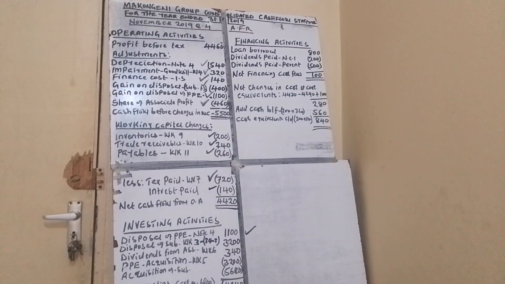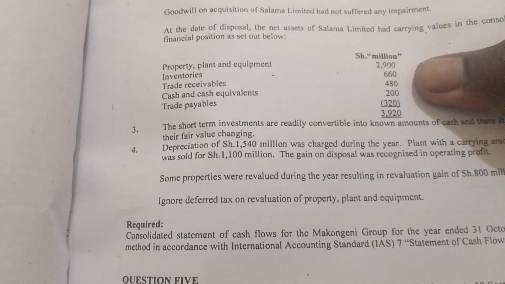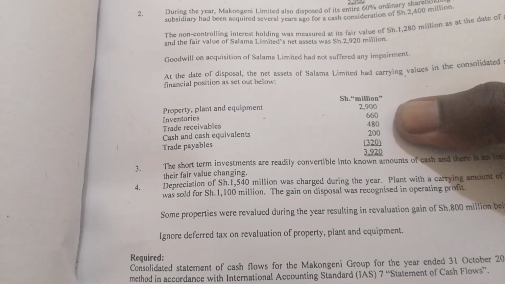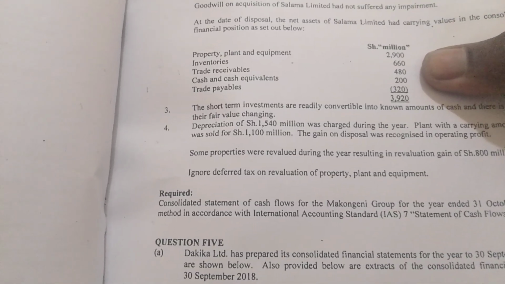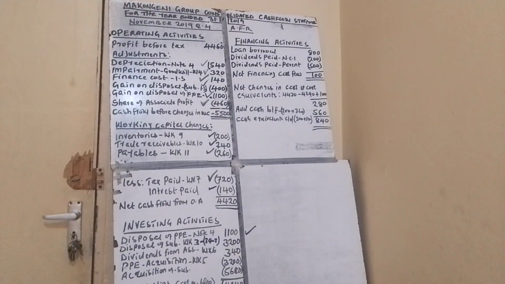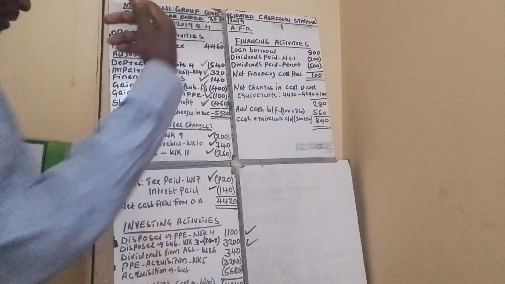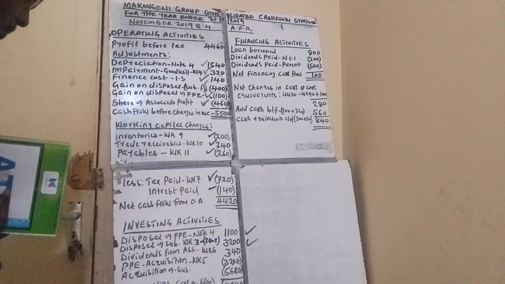We are lessening 200 because when we acquired that particular subsidiary, it had cash and cash equivalents of 200. So we cannot receive that cash, we have to less it. So we are taking that 400 minus 200.